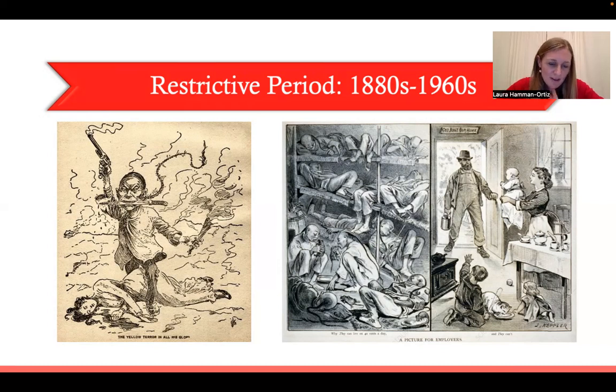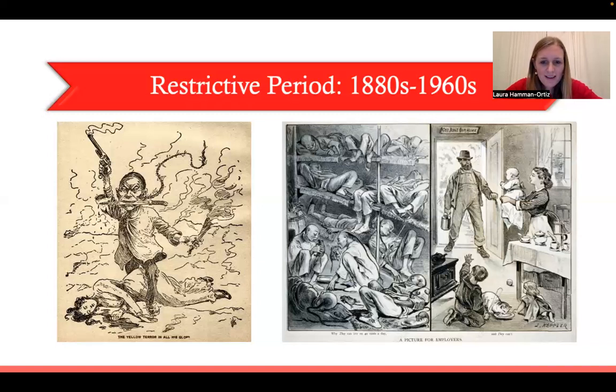So in the first one on the left, you see this very racist depiction of the Asian American immigrant over Lady Liberty, who has been slain underneath. On the far right side, you see a political cartoon that initially seems like it might be sympathetic toward the conditions that Chinese immigrants were living within.